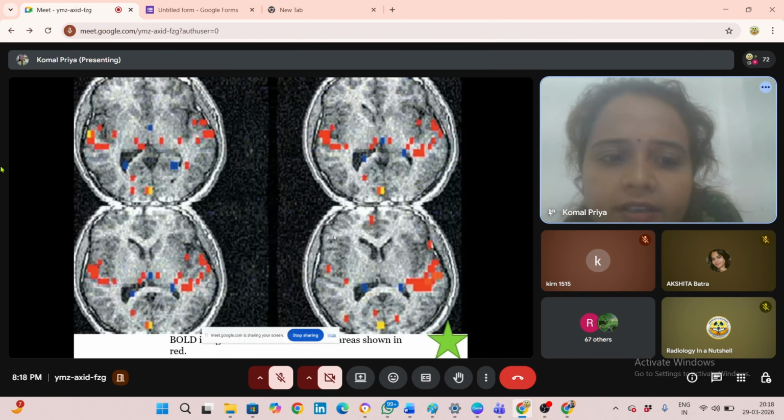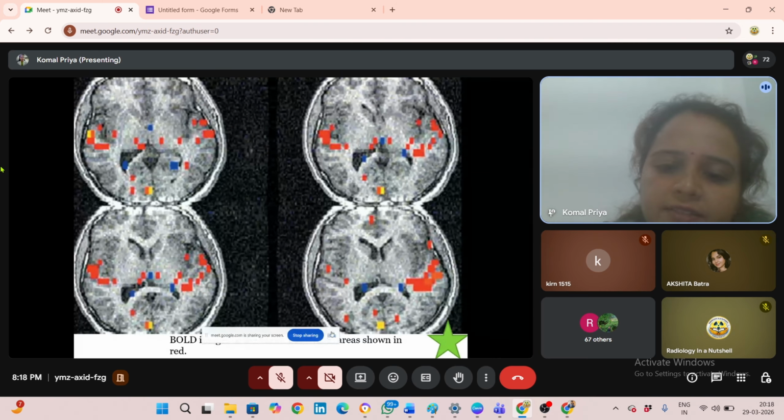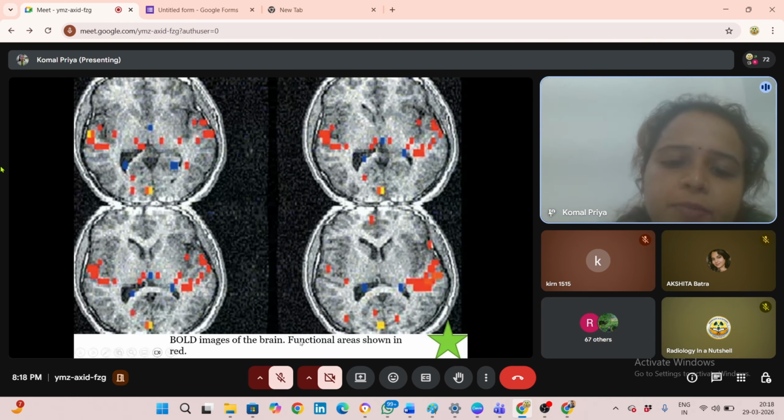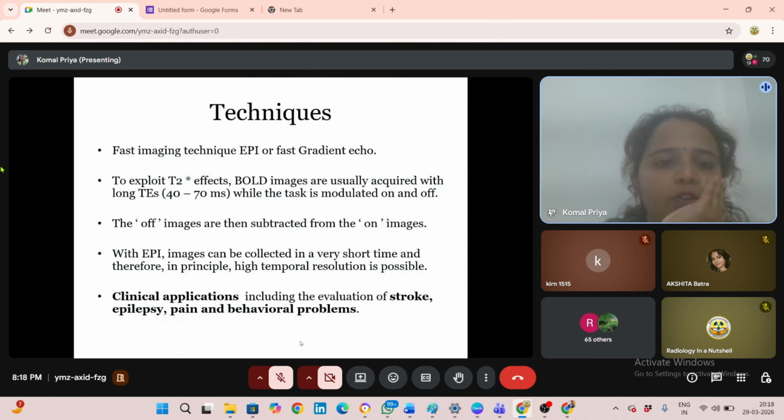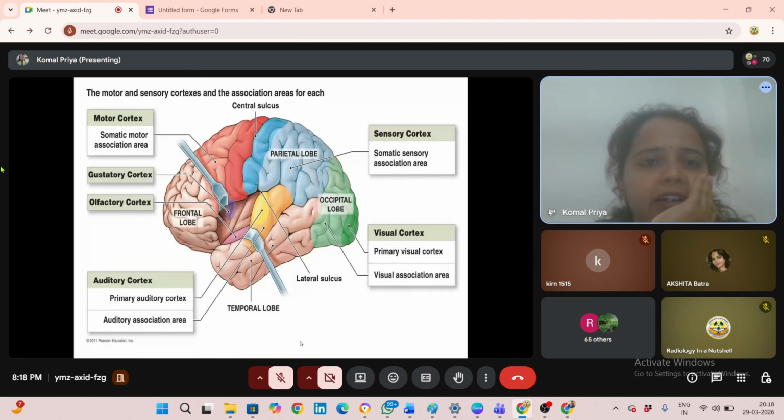Cortexes will be showing all those things. Okay, BOLD images of the brain. You can see here functional areas are appearing in the red part in all the images. Okay, so all these areas will appear on your image.